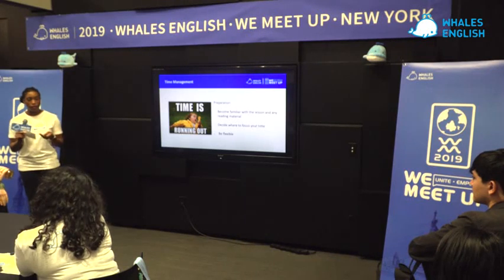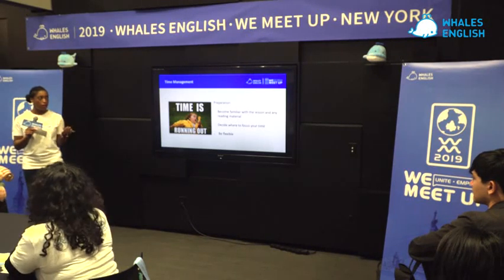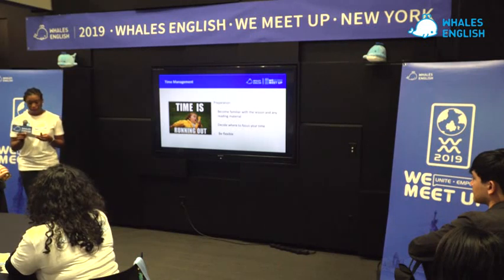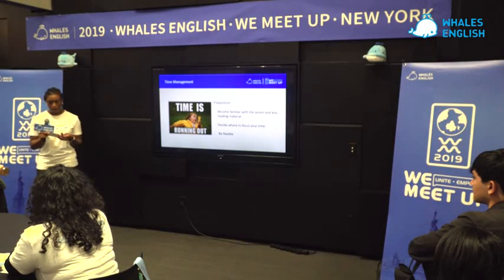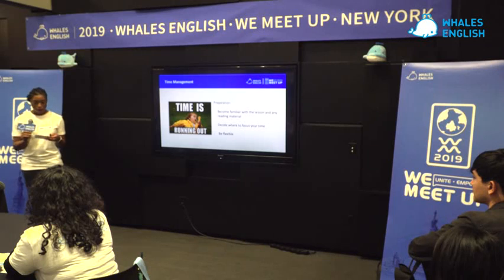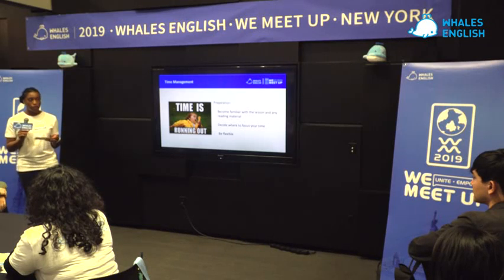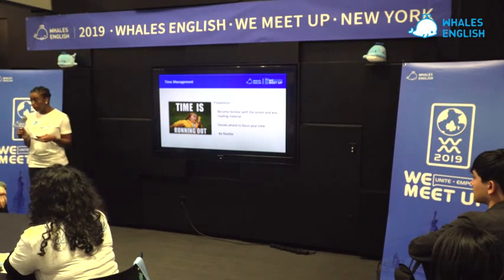But with the higher G level classes, you might have a longer story and a lot of vocabulary words. So you have to become familiar with the lesson and then try to figure out where you want to focus your time.